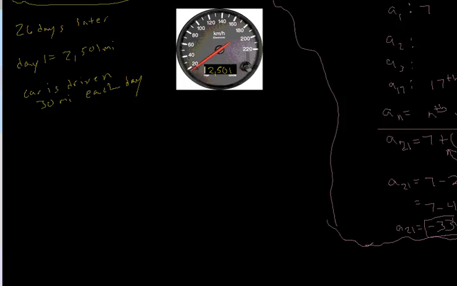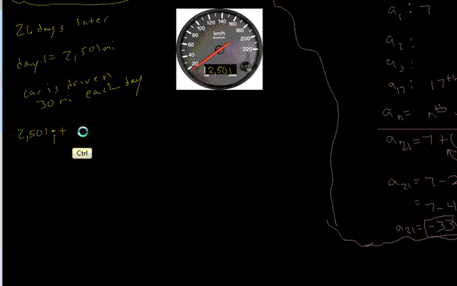Cool. So now we have to figure out some more information. A better way to state it would be that on day one you start off with 2,501 miles, and each consecutive day after you add 30 miles to it.